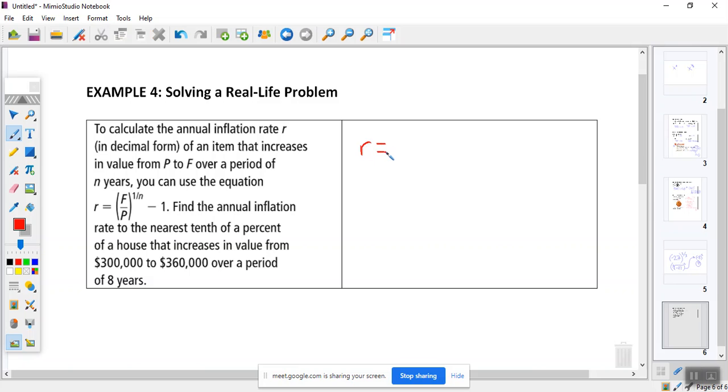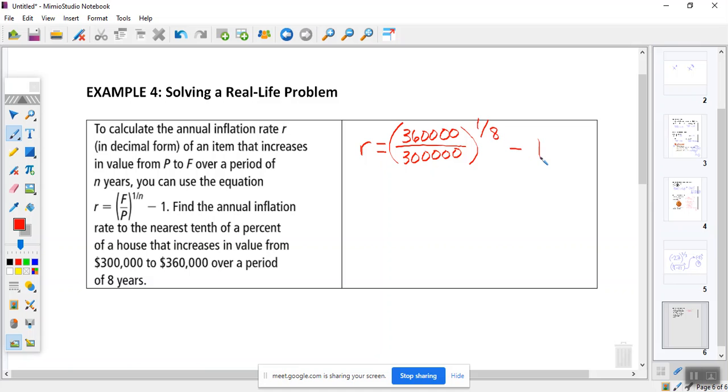R is going to equal, okay, so we start at P and go to F. So F is like my ending price. So what's the ending price here, kids? So in for F, we're going to plug in what? 360,000. What was P, kids? 300,000. Okay, this is going to be to the 1 over n power, which would be 1 over what, kids? 8 years, minus 1.